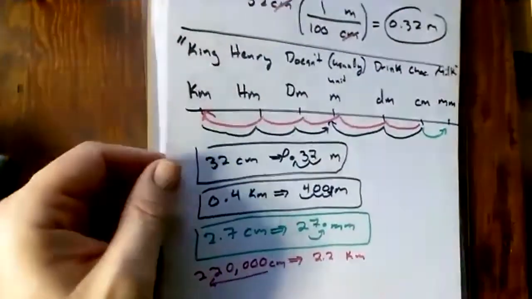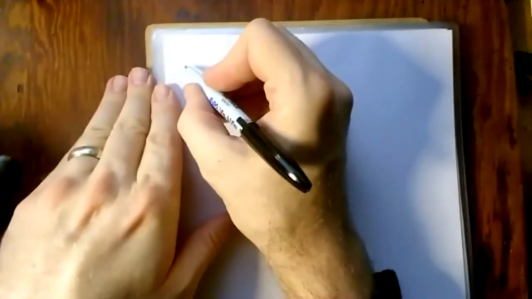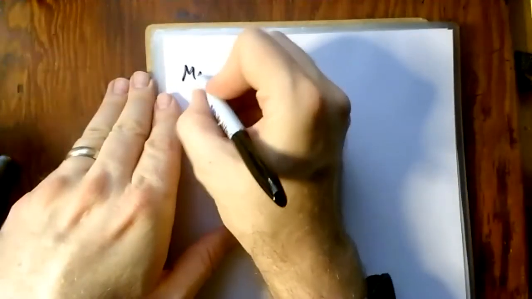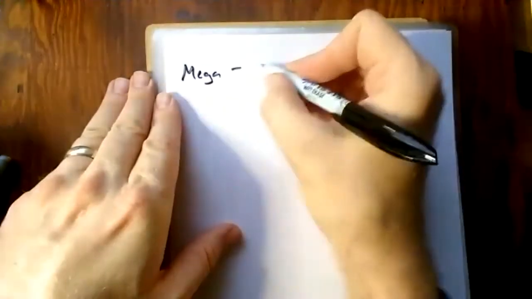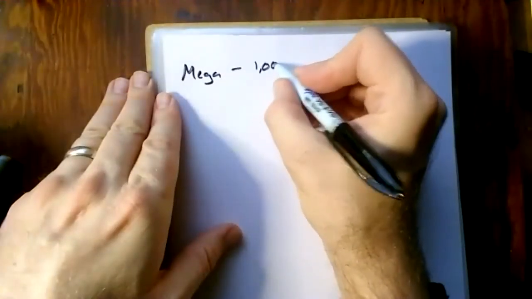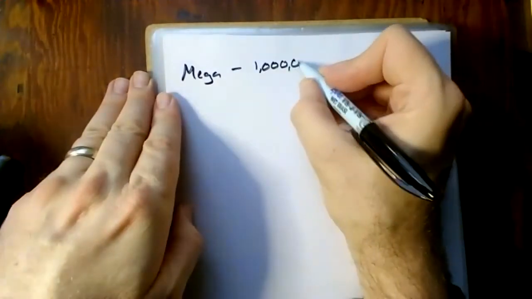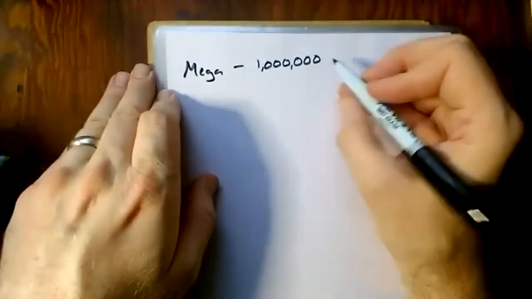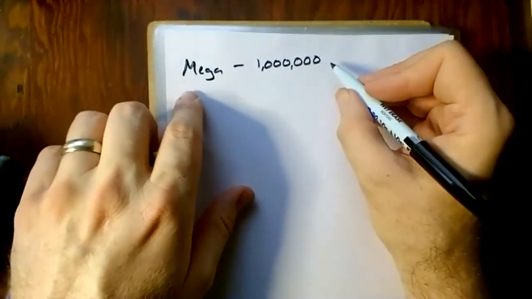But other prefixes that you might run into, I'll bring this up just for completion, are things like mega. Mega is 1 million of something. So if I have a megameter, that would be 1 million meters.